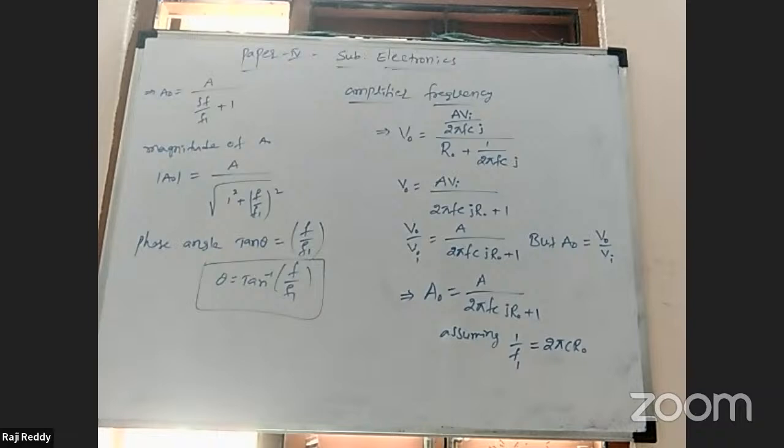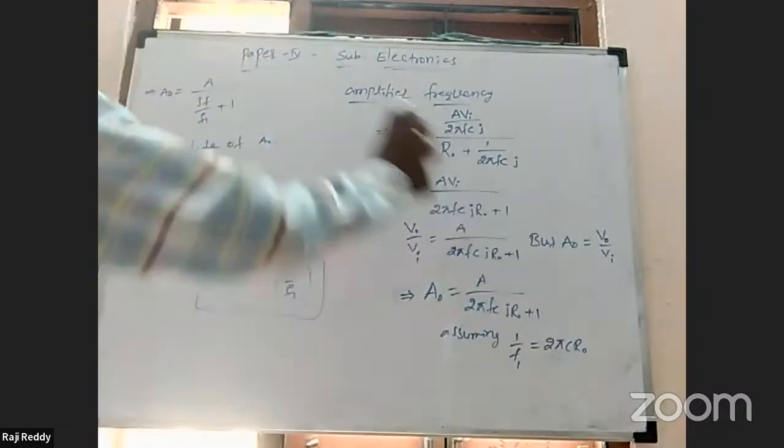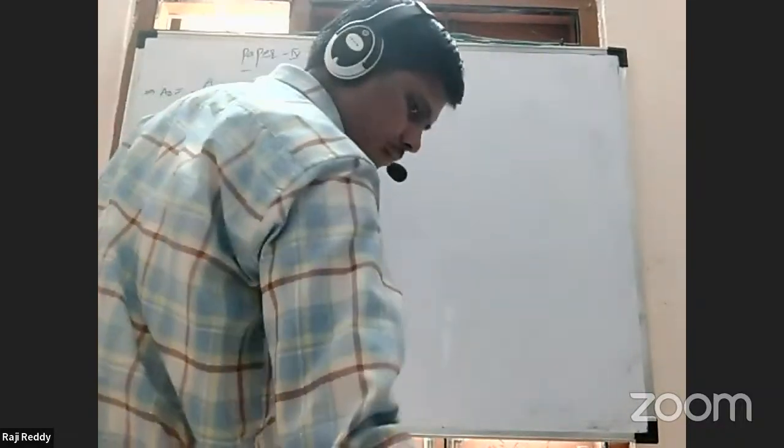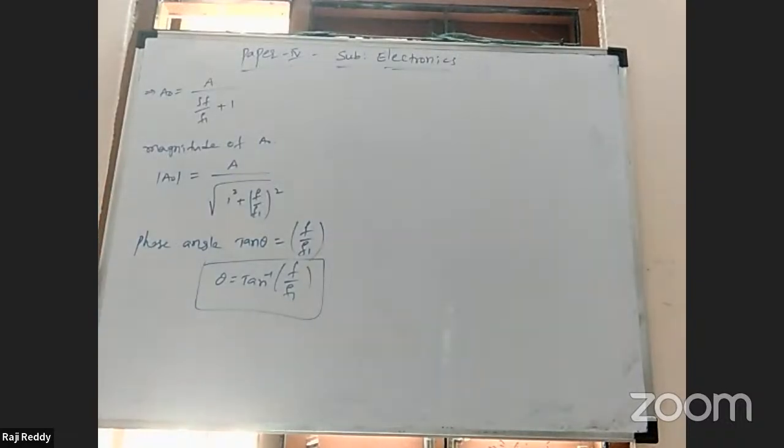Note down the points on the graph. From this, you can observe the graph between the magnitude of A naught and frequency.